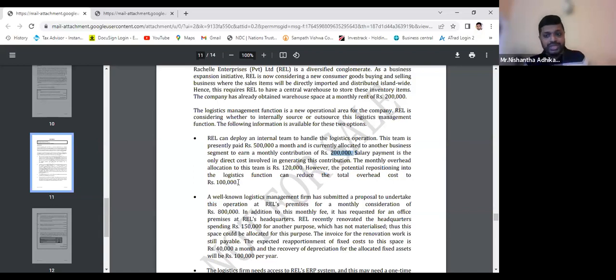That means if you outsource it, the overhead cost can be avoided by how much? 20,000. There can be a cost saving. If you decide on your own team, you could reduce the cost from 120,000 to 100,000. But if this team conducts this function, there will be an additional cost of 20,000.